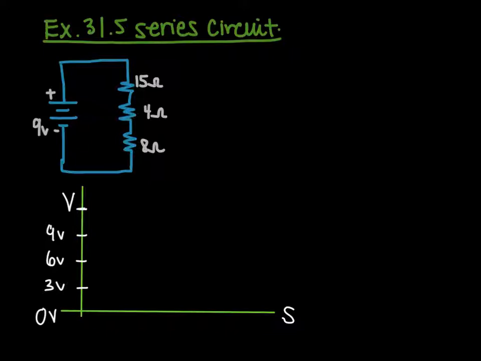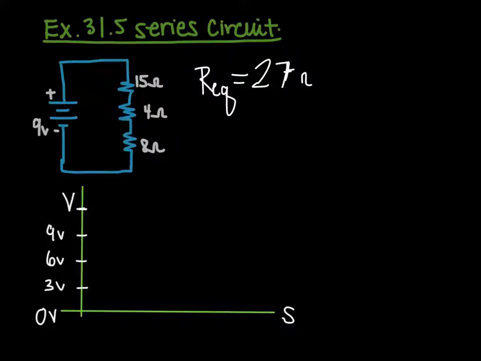For the current, we want to look at the equivalent resistance of the circuit, so we'll do that first. R_eq is simply adding up the resistors. I'm not going to show much work. We have 15 ohms, 4, and 8, so we have 27 ohms for the equivalent resistance of the circuit. Now that we have the equivalent resistance, we also have the total voltage, or change in voltage, for the circuit to be 9 volts.